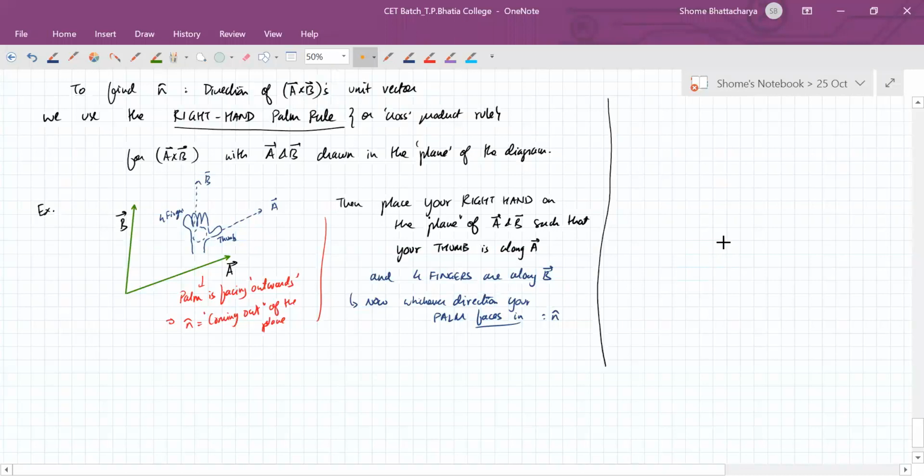Now suppose A is pointing, let's say like this only. Okay, but this time B is pointing something like this.